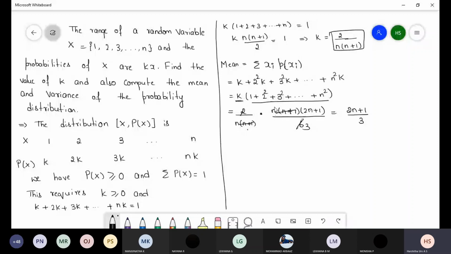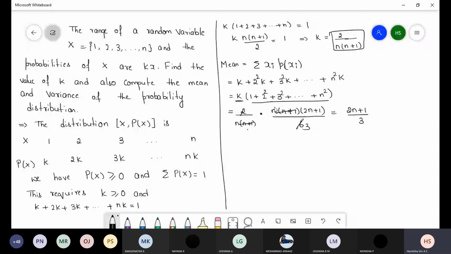Now I write the variance. Summation of x minus mu, or one more formula is there, x square into p of xi minus mu square.